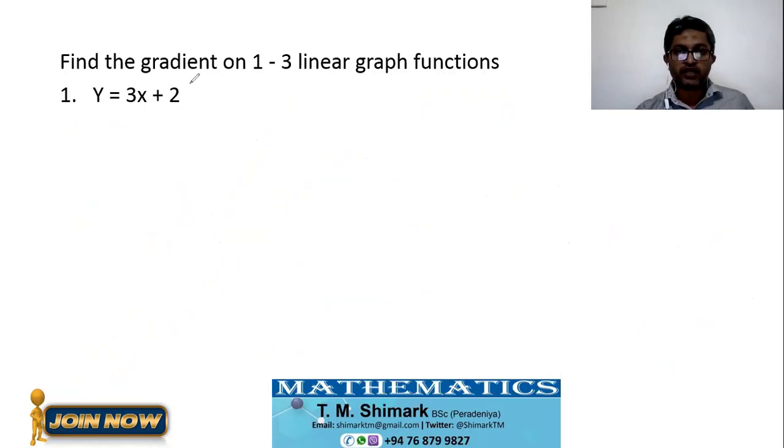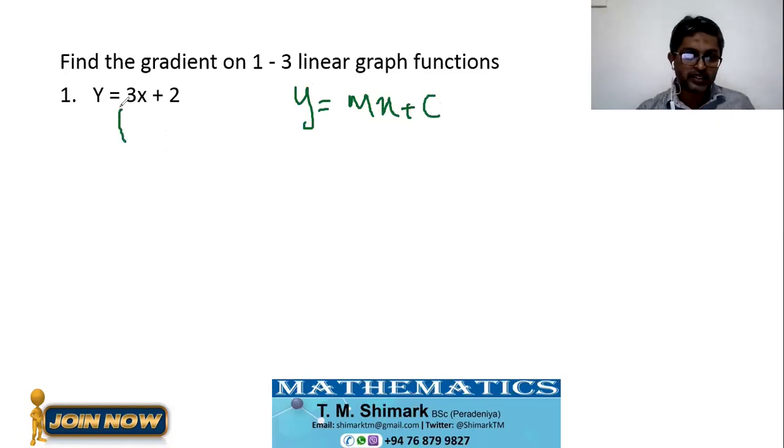Now we are given a question like this: find the gradient of this linear graph. If they ask you to find the gradient, what you have to do is arrange that equation to y equals mx plus c format.